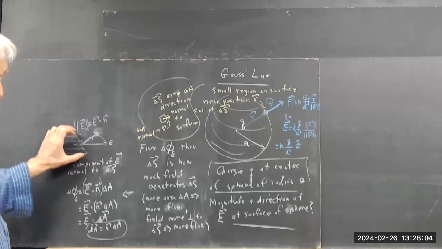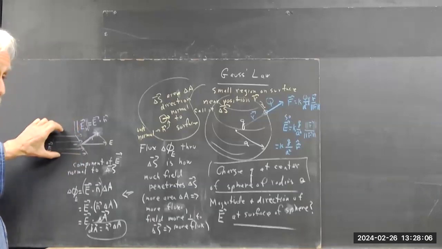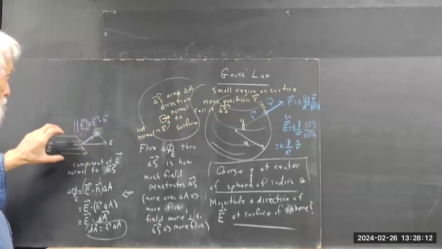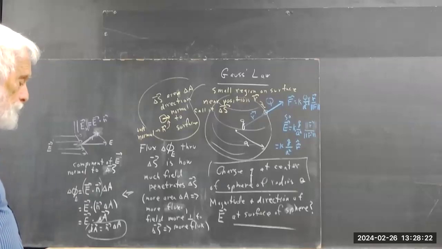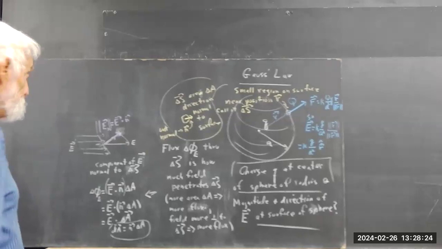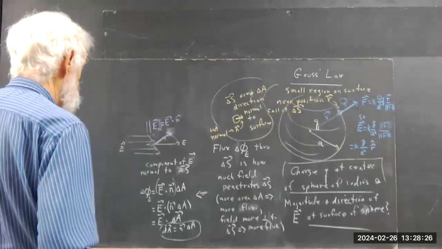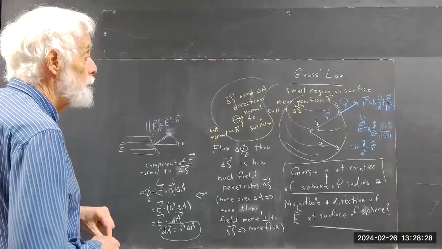And the more the surface is perpendicular to the direction of flow, the more of that flow will go through. Okay. Well, anyhow, we don't really get to Gauss's law here.